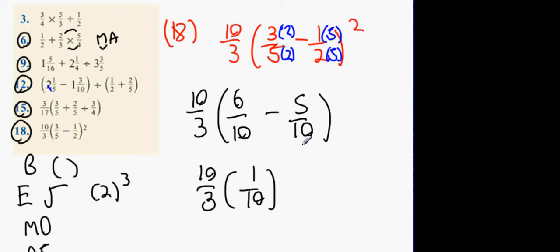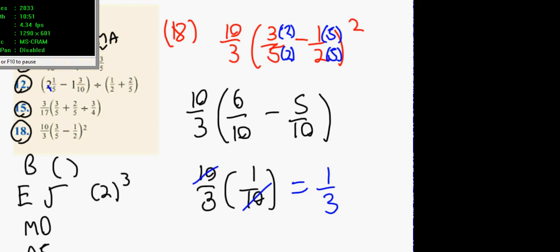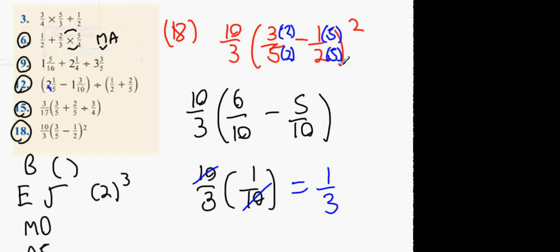It is 10 over 30, but you have a quicker way: cancel the tens, and we get 1 over 3. Okay, well done. Now, what we forgot in this question was the exponent, so we actually got it wrong there. It's going to be a tenth squared. We've done the brackets, now we've got to do the exponent.